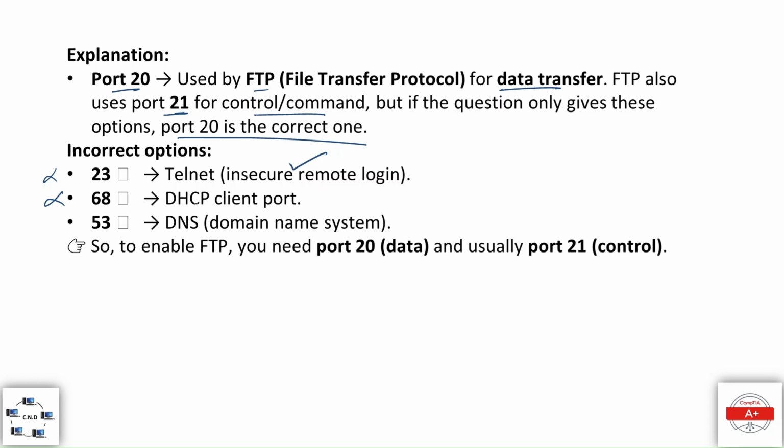Port 68 is used by the DHCP client, and port 53 is used for DNS, that is Domain Name System. So to enable FTP, you need port 20 for data and usually port 21 for control.